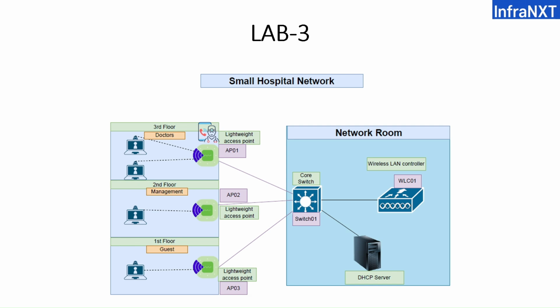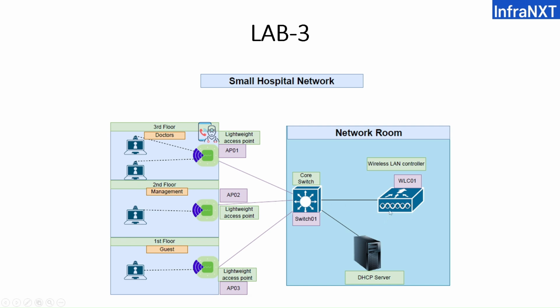It's obvious hospitals are big in space, and their coverage is big. So with bigger coverage, the number of APs per floor will also increase, and with the increasing number of APs, the administrative task for the administrator will be immense. To reduce that administrative effort, the WLC takes the key role.